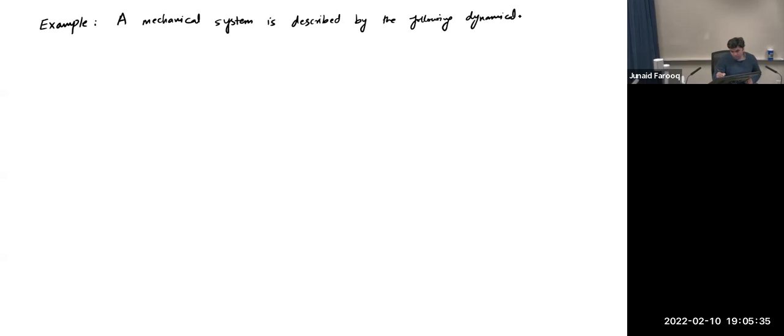So let's say a mechanical system is described by the following dynamical equations. So check if the system is observable.